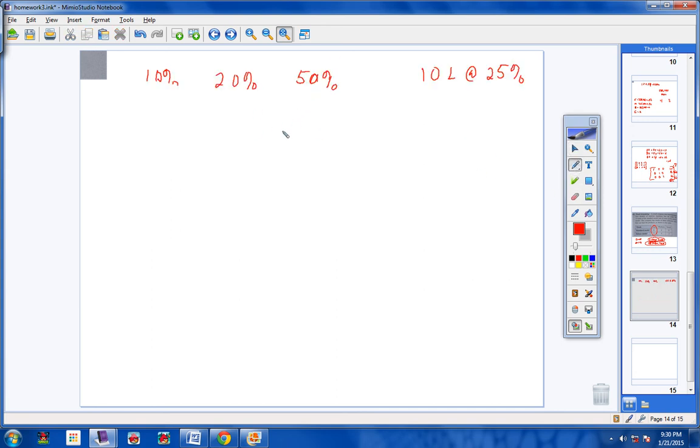I'm going to use 2 liters of 50%, so 0.5 times 2 liters, okay? That leaves me 8 liters, because the total's 10 and I use 2 liters here. So I'm going to take 0.1 times x. I'm not sure how many liters that'll be. Plus 0.2 times what? Not 10 minus x, but 8 minus x, because I use 2 liters here at the 50%.